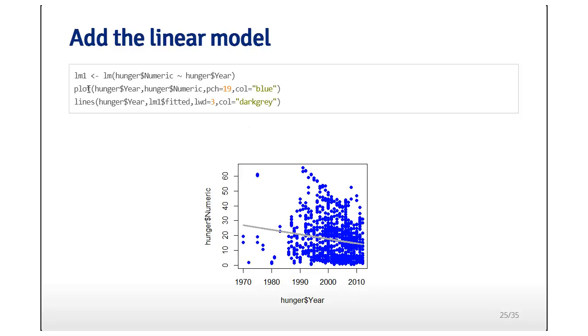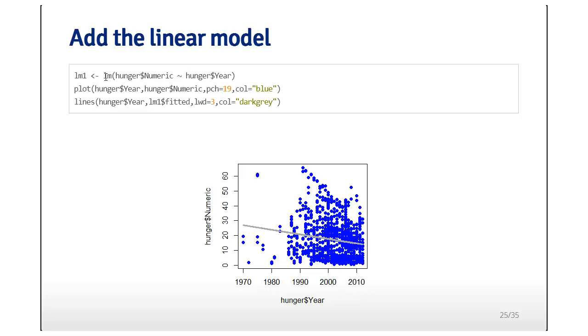Okay. So lm1 is just the standard linear regression model with percent hungry as the outcome, which is this variable hunger$numeric, and with hunger$year here. I actually prefer to put the data frame in the data equal statement, by the way.